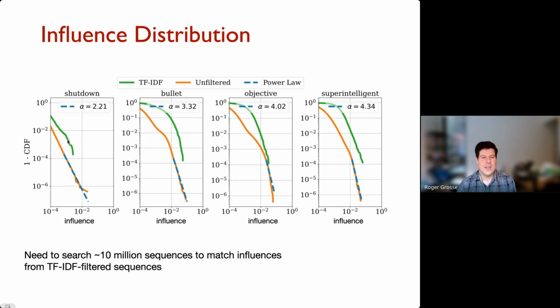So in particular, the average influences are significantly larger for the filtered data, because filtering by token overlap seems to at least correlate with the influence. And so based on these distributions, we can figure out, okay, how many unfiltered sequences do we have to search to get comparable influence to the TF-IDF filtered sequences? And the answer varies a lot from one query to another, but it was typically less than 10 million. And so we set 10 million sequences as our threshold for how many to search.